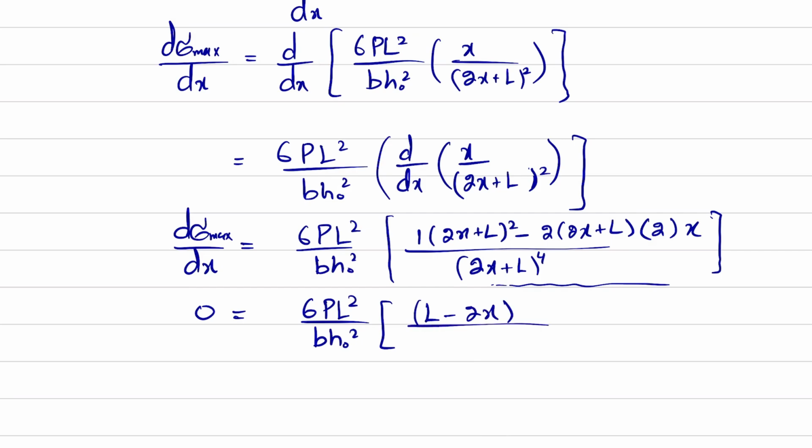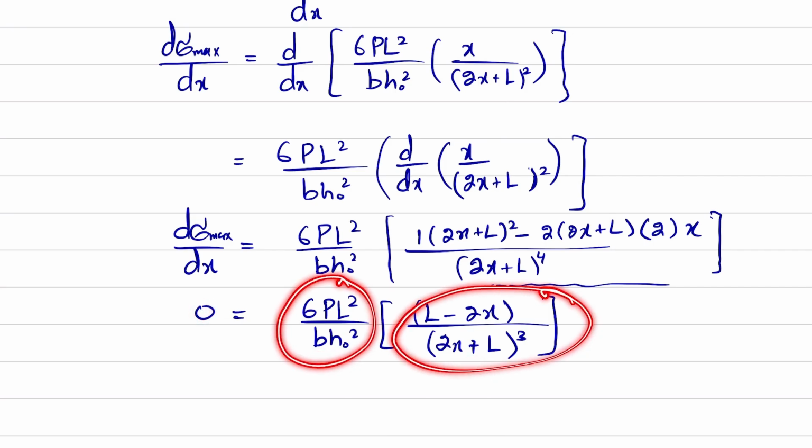I hope you will do it. Now you can see the multiplication of this term and this term gives 0, so either this term is equal to 0 or this term is equal to 0.